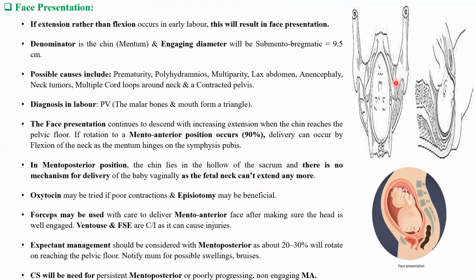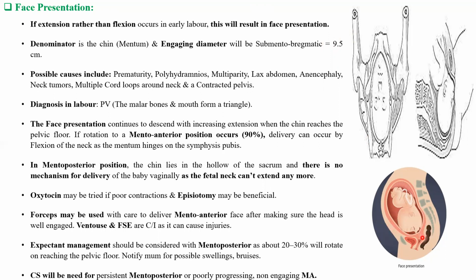But here, extension will occur, so the face will be the presenting part. The engaging diameter here will be the submentobregmatic diameter, from below the mentum or the chin to the middle of the bregma or the anterior fontanelle, and it is 9.5 centimeters also. The denominator here is the mentum or the chin.